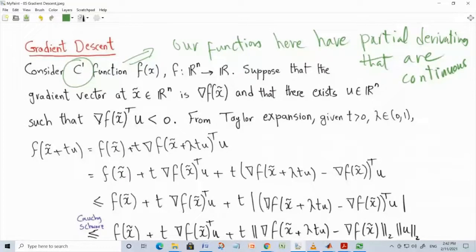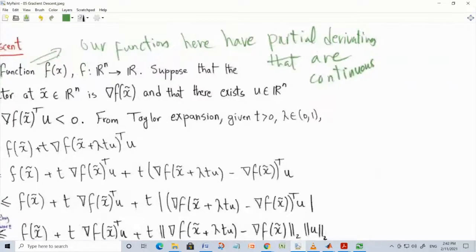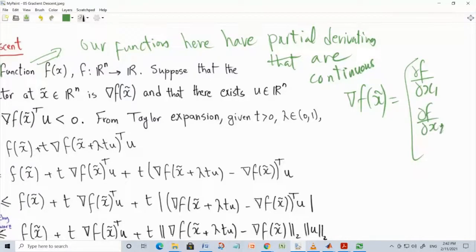And of course, the gradient vector is the vector of the partial derivatives. So the gradient vector is the vector in which you differentiate with respect to x1, differentiate with respect to x2, up to xn.